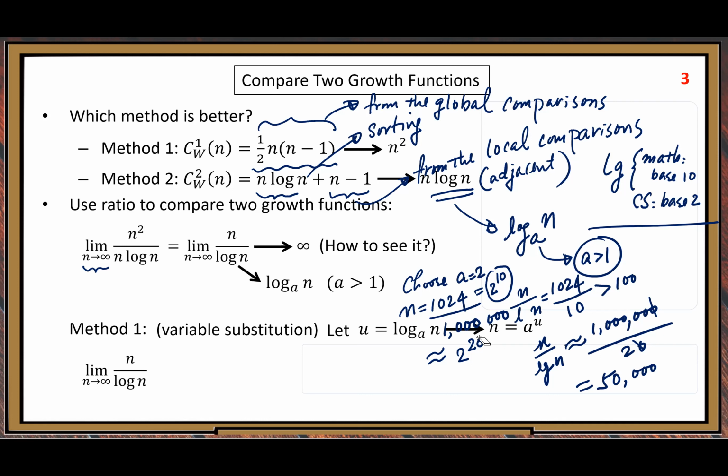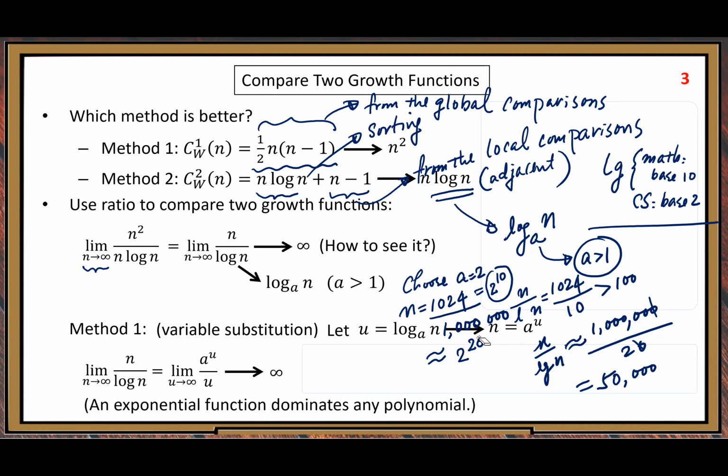Now, when we look at this limit, we just get a to the u over u. A to the u is an exponential function, and the base a is greater than 1.